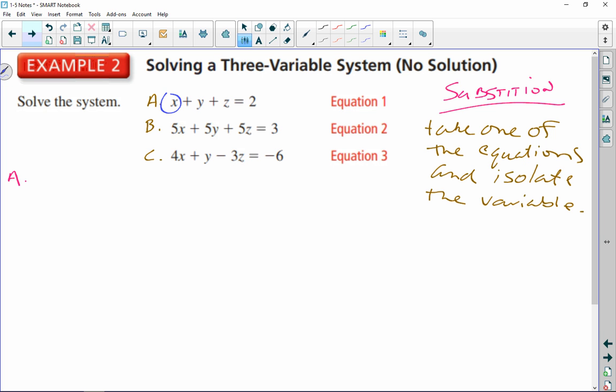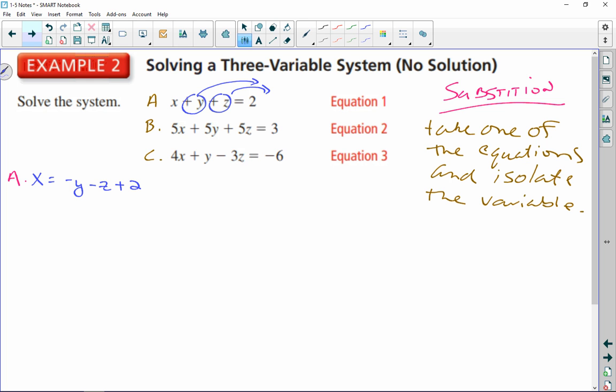If I take Y and Z and move them over there, what do they turn into? Negative. So that should be easy for you guys. X equals negative Y minus Z plus 2.